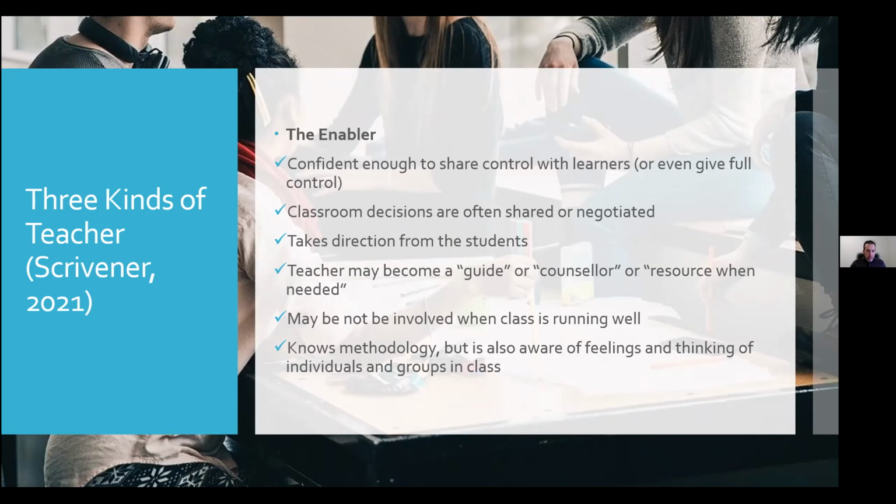So, like the labels before, Scrivener makes the point that all teachers are each of these at different times, depending on the circumstance. However, I would add that the likelihood of how often we wear our explainer, involver, or enabler hats is not simply down to the situation teachers find themselves.